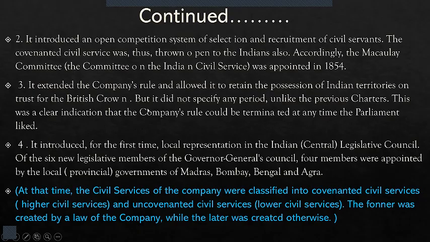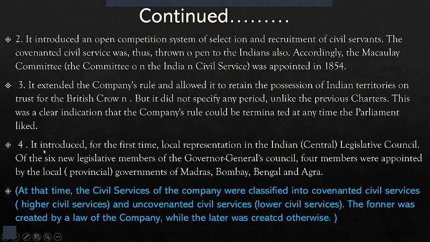So now the company's rule was extended, and the possessions of Indian territories, the company's territories, were now in possession of the British Crown. And it did not specify the period, unlike the previous charters, which was a clear indication that it could be terminated at any time by the Parliament.